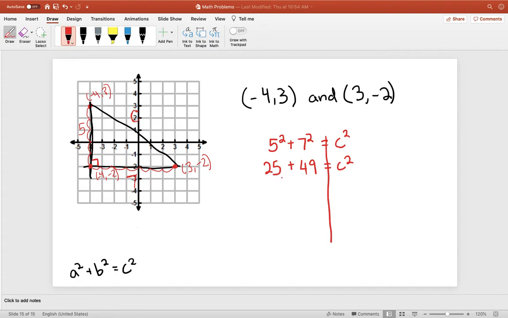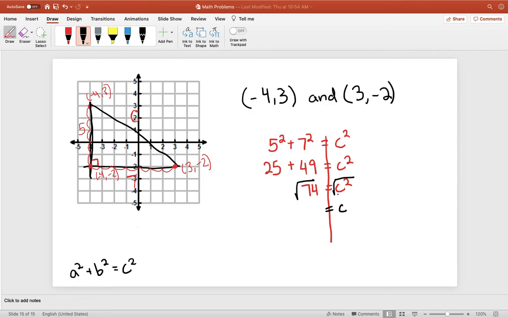All right, now I know 25 plus 50 would be 75, so take 1 away from that. I have 74 equals c squared. To undo a squared value, I need to use the square root. So I'm going to square root both sides of the equation. The square root of 74 equals the square root of c squared, so this turns into c. It undoes the squared value.